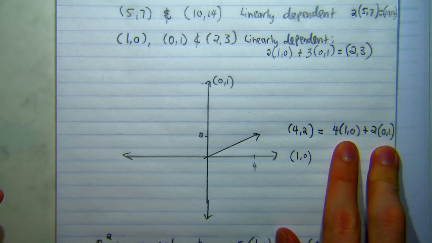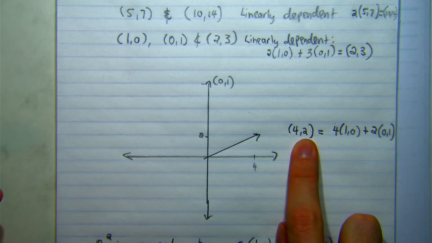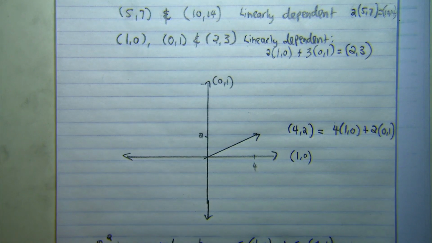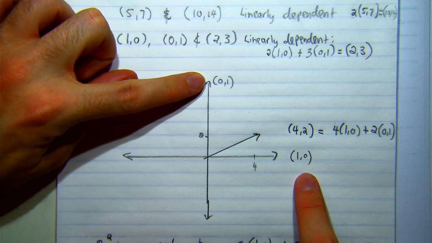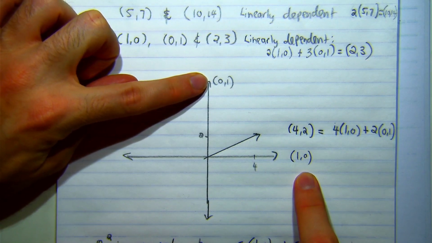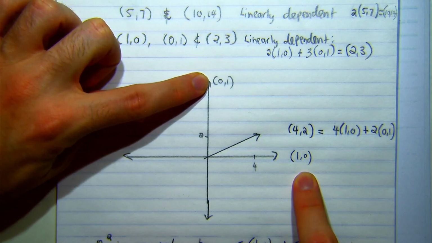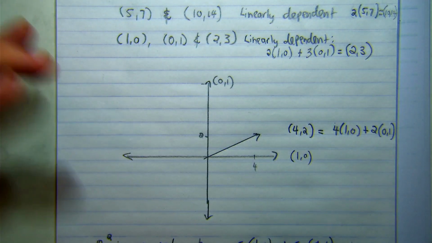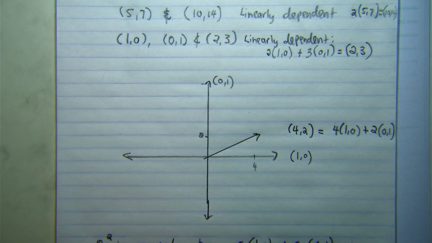The stack of these vectors together gives us our coordinate 4, 2, or our vector 4, 2. And if you have linearly independent vectors as your axes, you just need any two linearly independent vectors, and you can generate the whole of R squared by the combinations of those vectors together.